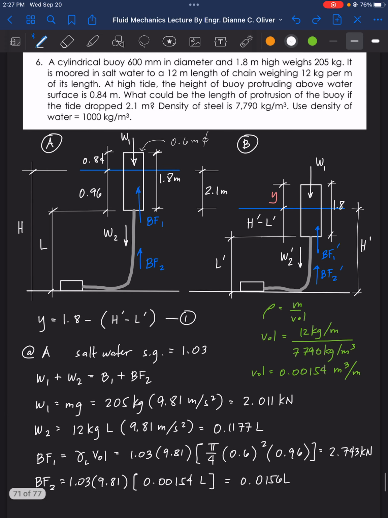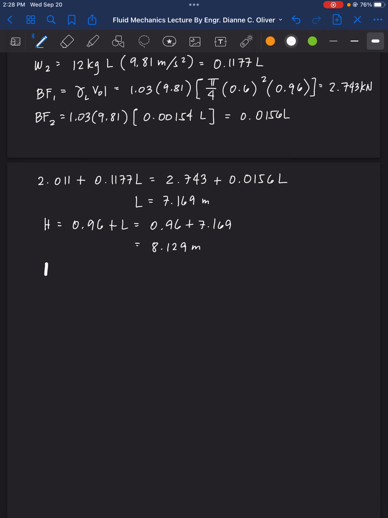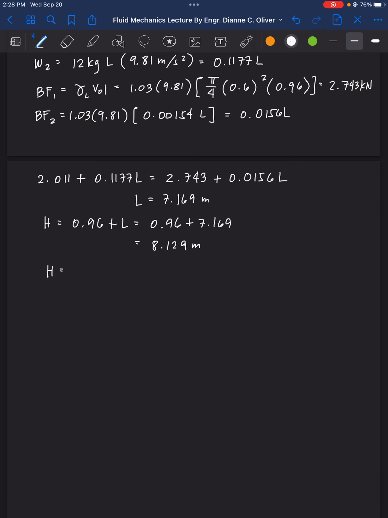So that is 8.129 minus 2.1. Therefore, H prime is now equal to 6.029 meters.